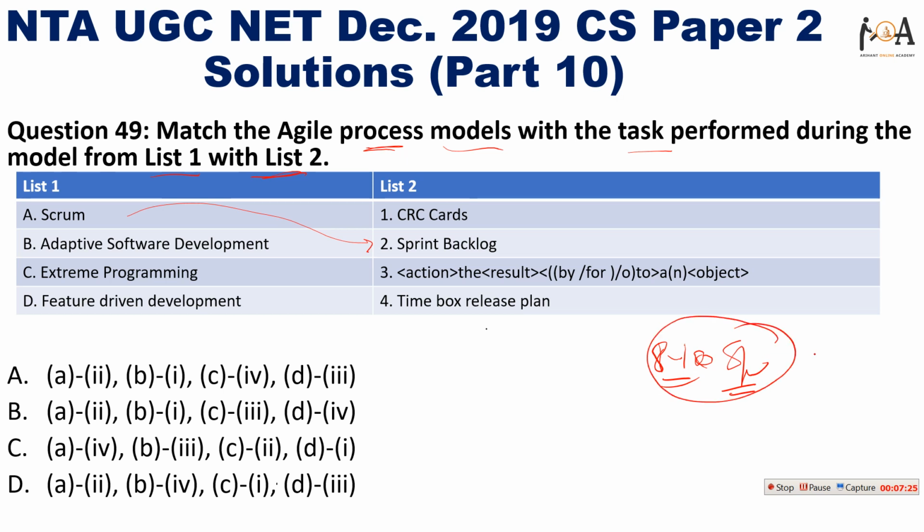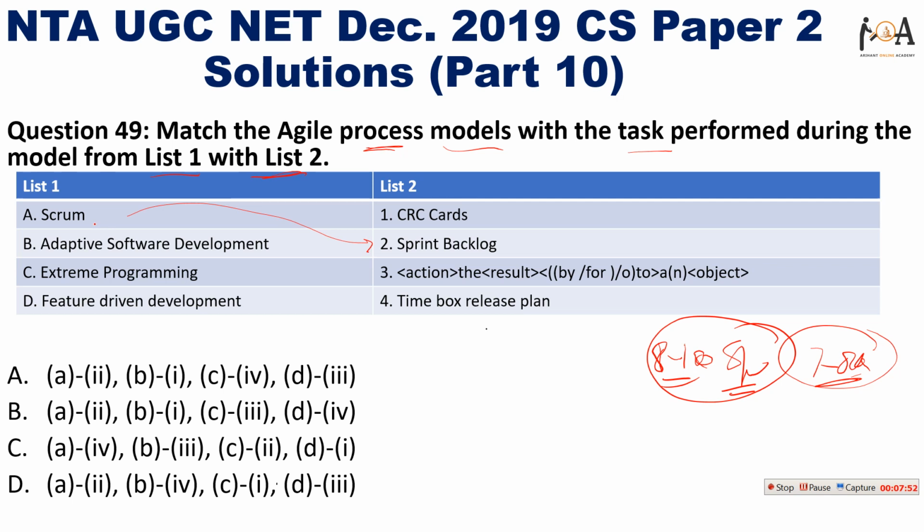On average 8 questions are from there, like testing models, software testing models and like that. So it is very important to know the basic concepts, so that you can directly solve questions like this one if you know the theoretical concept.